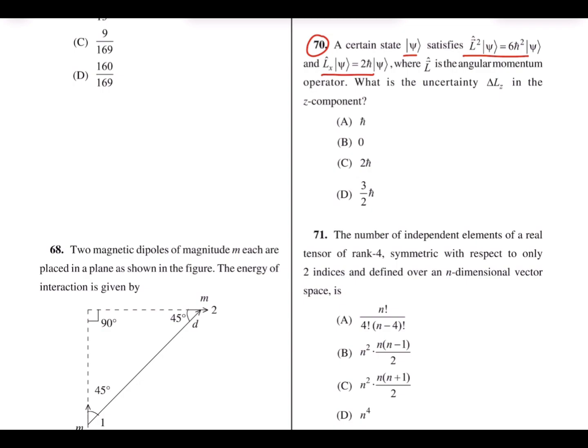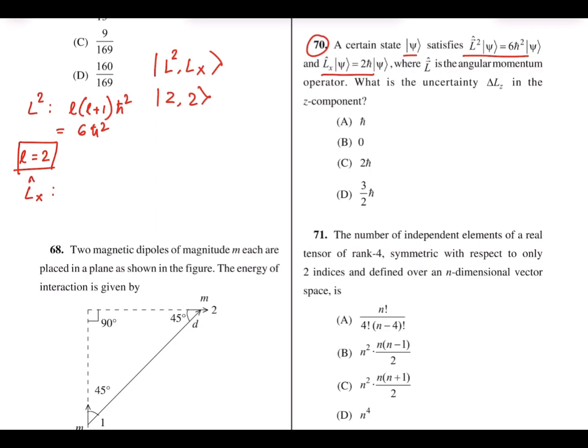If we choose the basis to be the eigenstates of L squared and Lx in this way, the state can now be written as |2, 2>, because the eigenvalue corresponding to L squared is l times (l plus 1) h bar squared, and this is 6 h bar squared, which means l is equal to 2. And Lx, the eigenvalue corresponding to this is m h bar, and this is equal to 2 h bar, so m is equal to 2. So the state is |2, 2>.